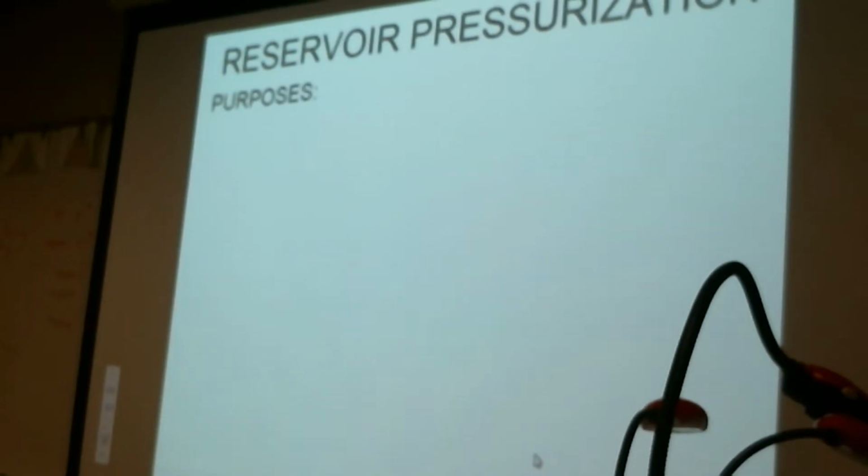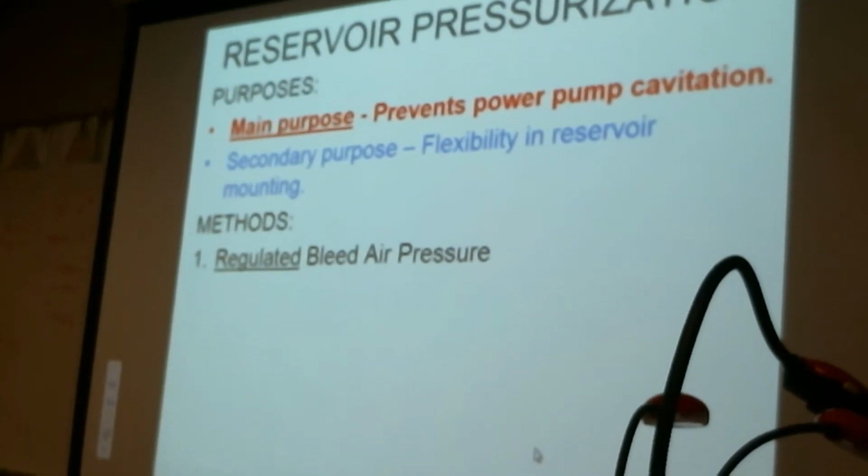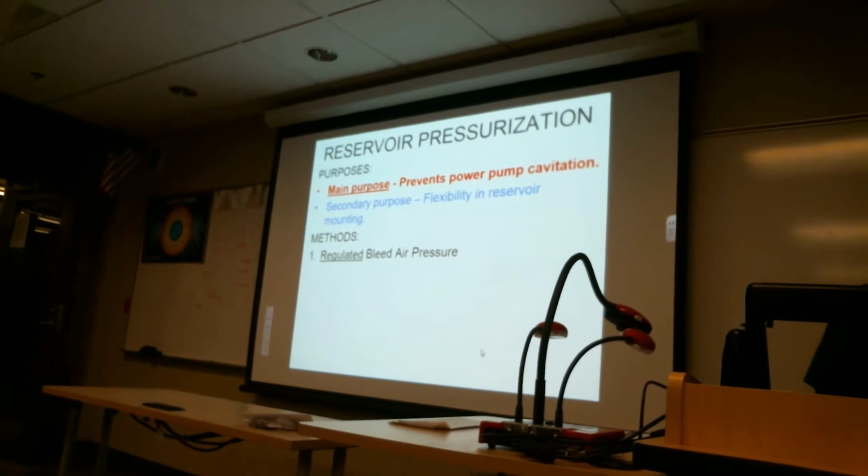Next, I want to talk about kind of a different animal. I want to talk about maybe the reasons for pressurizing a reservoir. I think you realize with many simple hydraulic systems, you have atmospheric pressure that is pushing on the fluid.